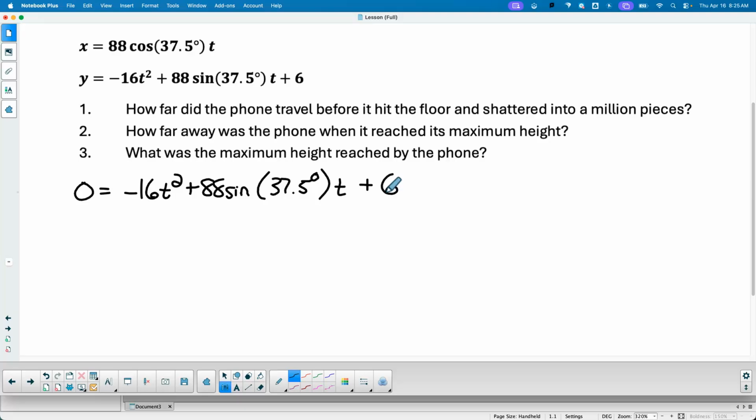Quadratic formula. So my a value is negative 16. So I'm going to write that. My b value is 88 sine of 37.5. And my c value is 6. Okay.